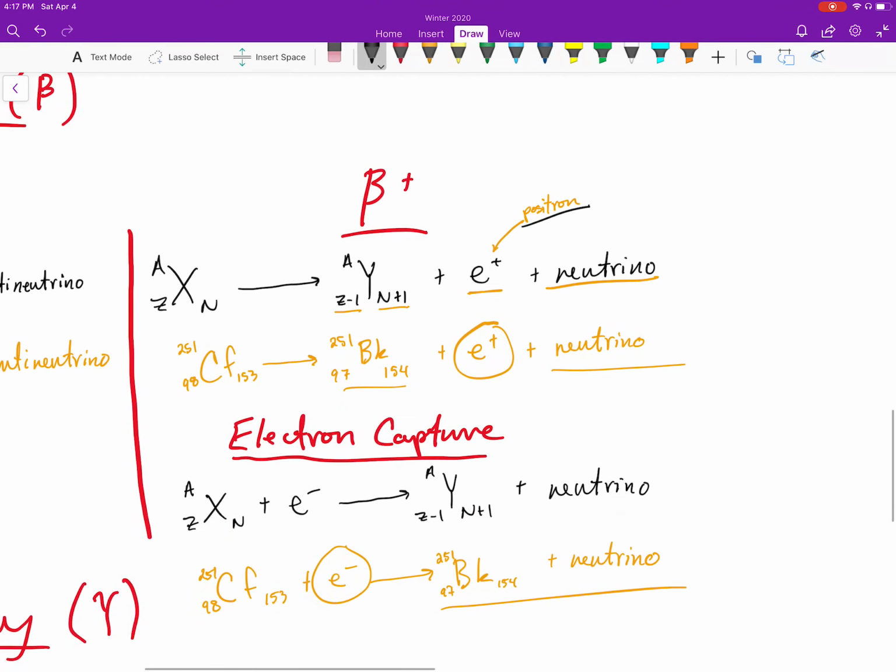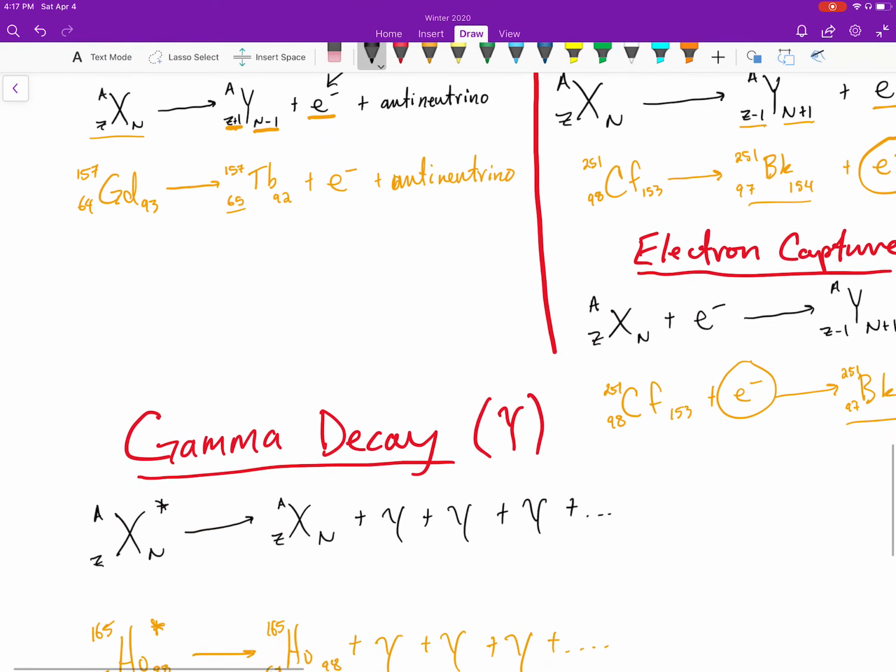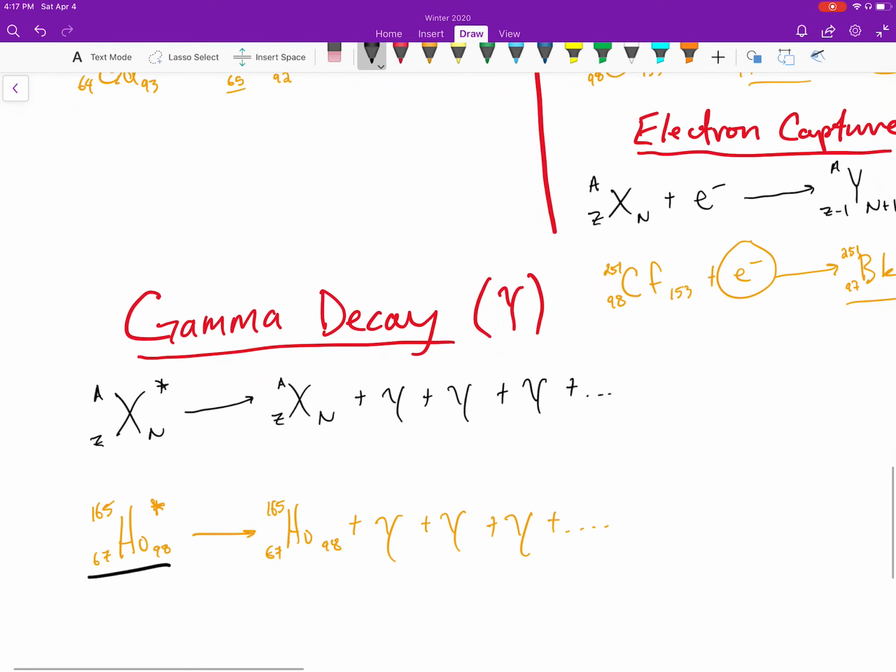And then electron capture is the same thing, so you have a proton that gains an electron to become a neutron. You see that? And then gamma decay is that you have an element in an excited state. It goes to the same element, but releases that energy as it drops down to a lower state.